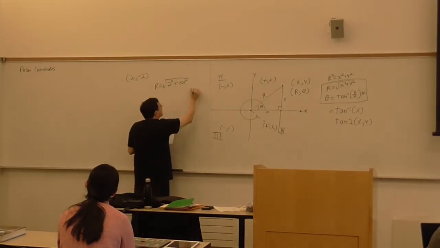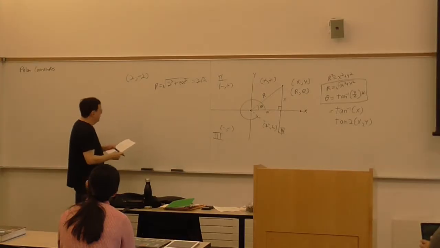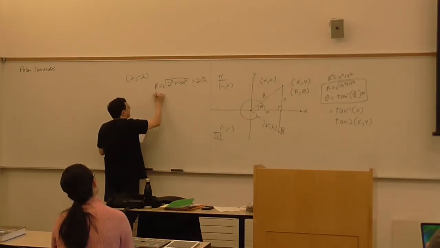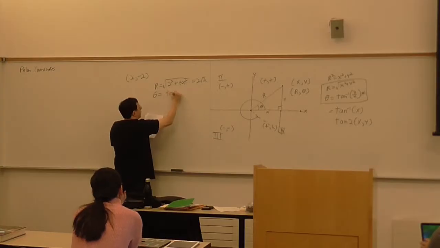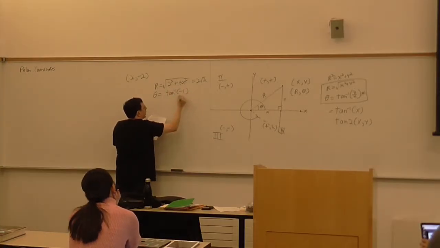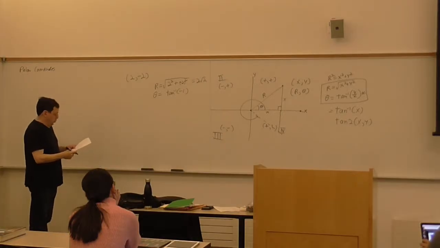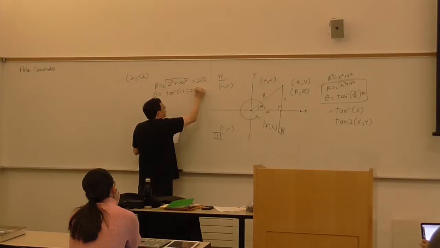That's going to be 2 square root of 2. Theta is going to be the inverse tangent of -1. Well, that's 3 pi over 4.